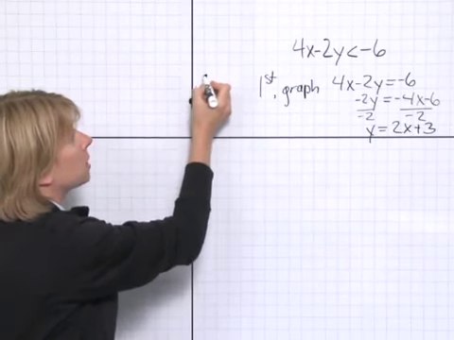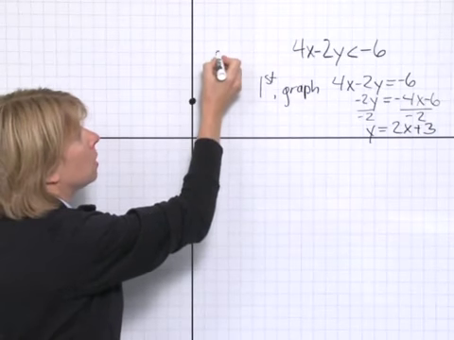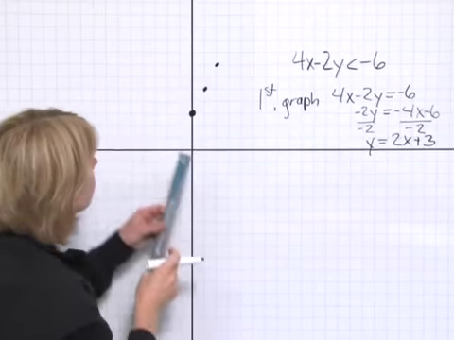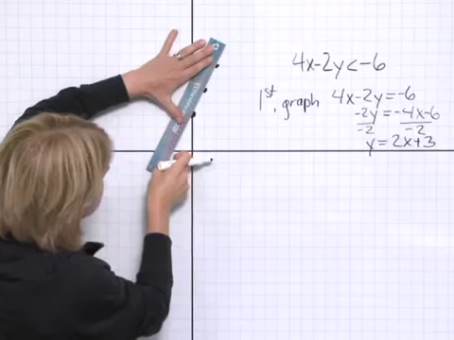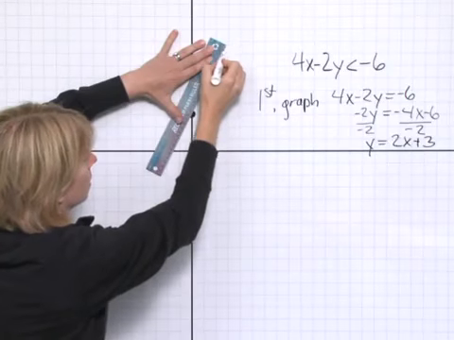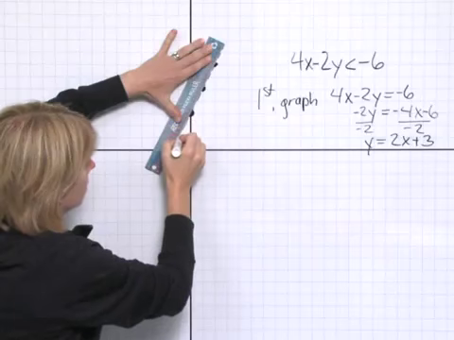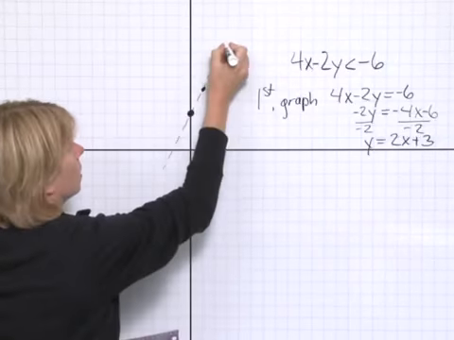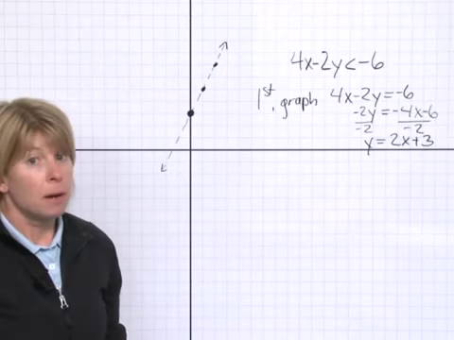And I'm going to do that a second time to get a third point on the line, up 2 and over 1. So there's my boundary line.